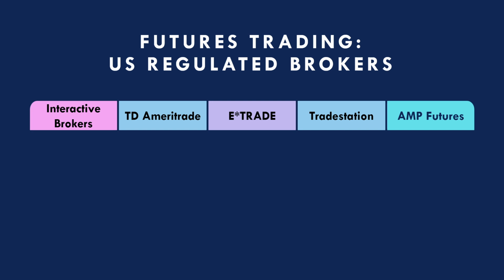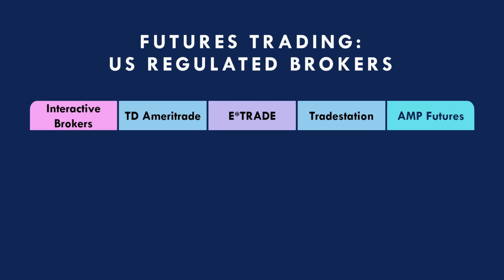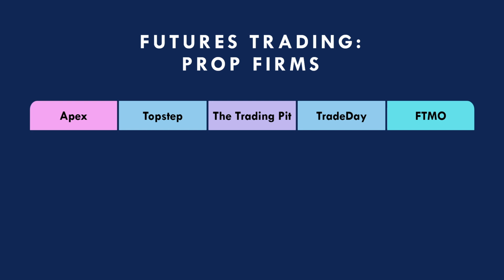Now, guys, recently there's been a big hype and a lot of market interest. A lot of people, especially people getting into trading, are using the prop firm route instead of trading their own cash. Here are some examples of prop firms which offer services. This is not an extensive list, but there's Apex Trader Funding, Topstep Trader Funding, The Trading Pit, Trade Day, and FTMO.